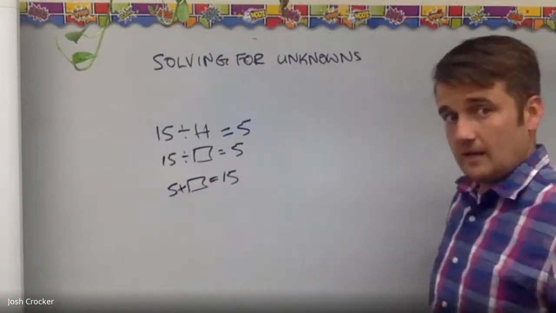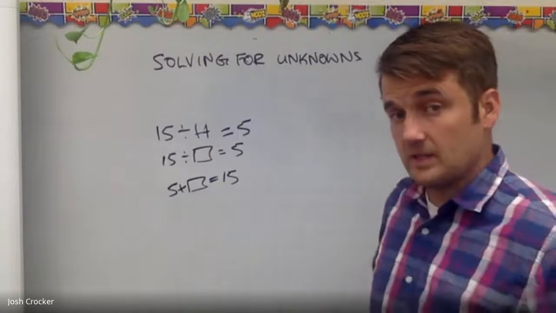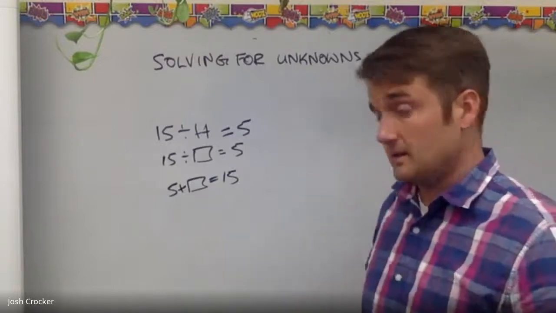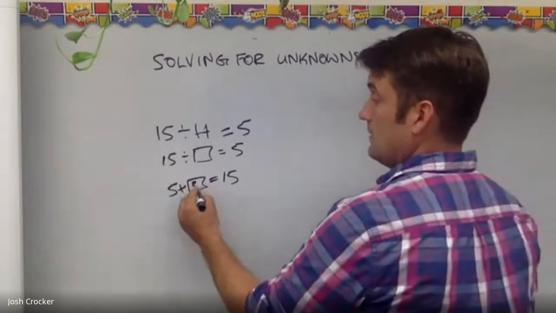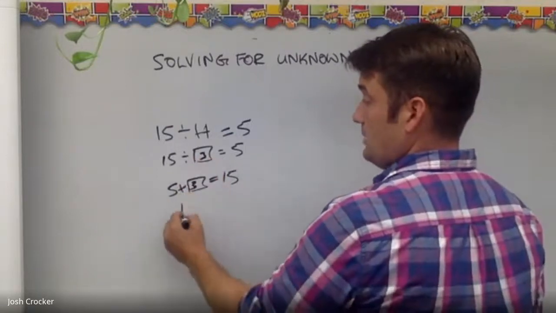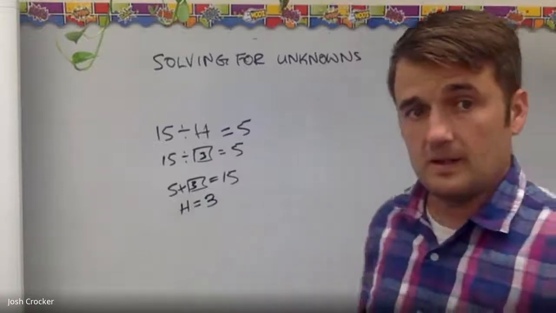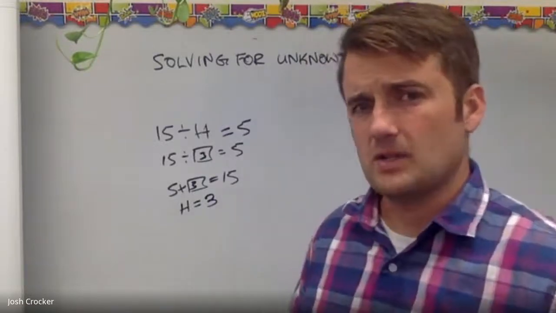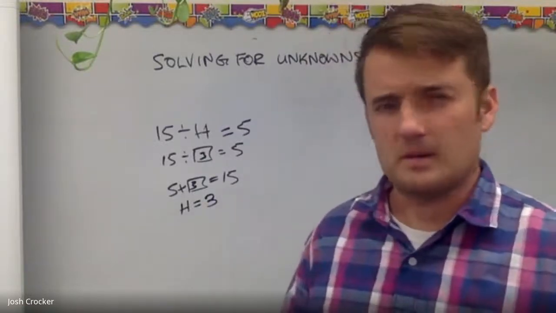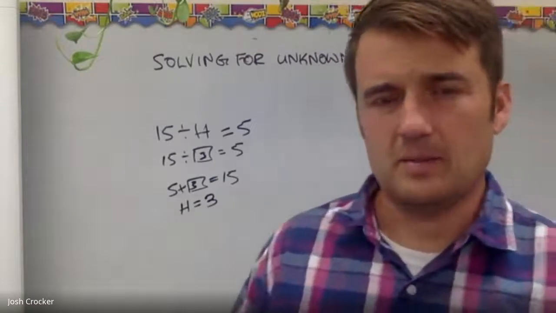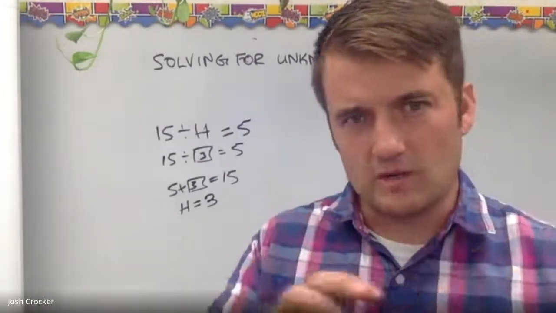Okay, I could count up. How many 5s does it take to make 15? 5, 10, 15. It takes 3. So h equals 3. Okay, really, I think multiplication and division unknowns are maybe easier than addition and subtraction because it's just so easy to change one fact into another.